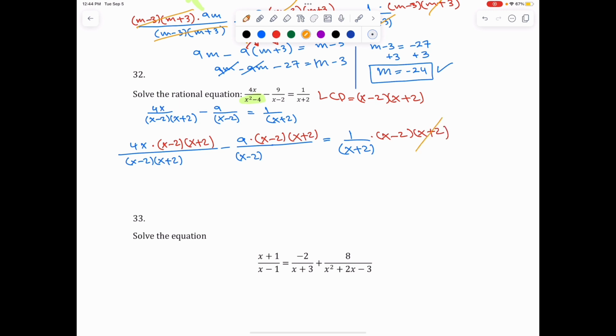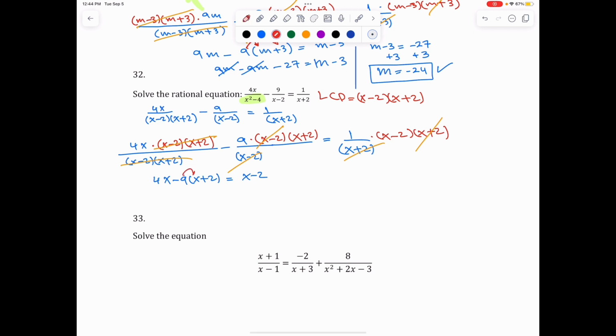Again, these are going to cancel together, and all of these are going to cancel. We're going to end up with 4x minus 9 times x plus 2 equals x minus 2.